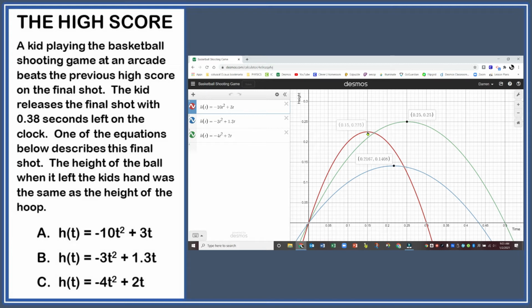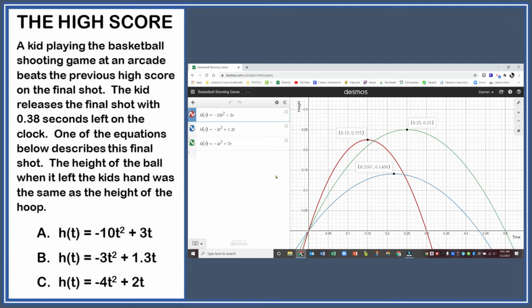And when I click on the one at the very top, the maximum height of choice A, the red parabola, is 0.225 feet. So when you compare the heights from the one that went the highest to the one that went the lowest, it would go choice C, choice A, and then choice B.